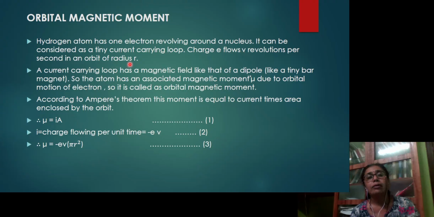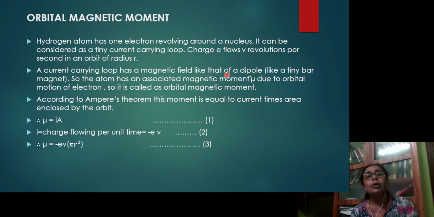Now a current carrying loop has a magnetic field like that of a dipole. We know that a changing electric field produces a magnetic field. Similarly, this current carrying loop, which is produced by the moving electron in the orbit around the nucleus, we are considering to be like a tiny magnet.